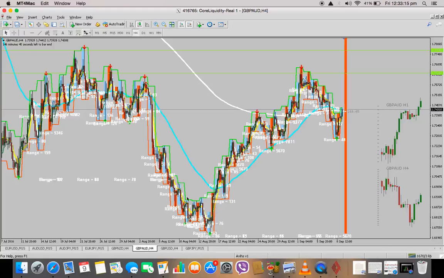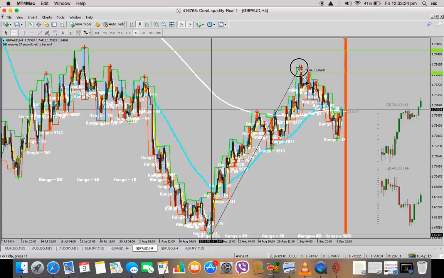And what I mean by channel, something along these lines. See this? From this point to this point. Now, again, we're thinking along the lines of being a longer term trader. Now, have a good look at that. That channel from the bottom of that candle to the top of this is about 970 pips, right?